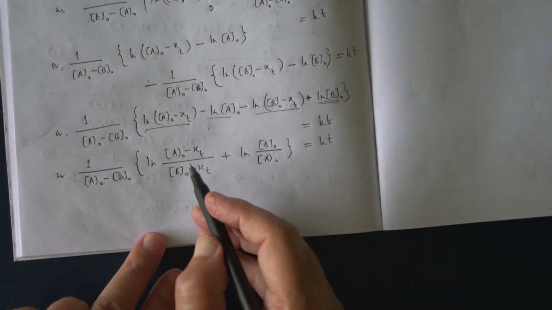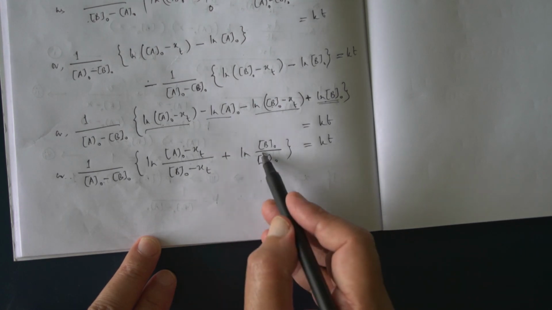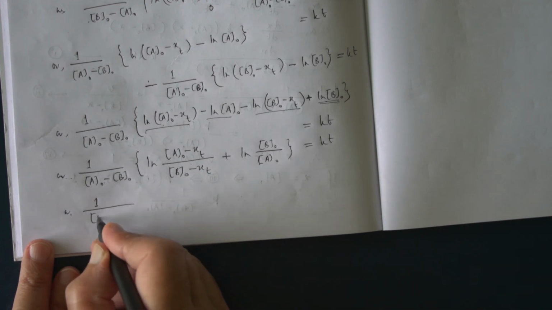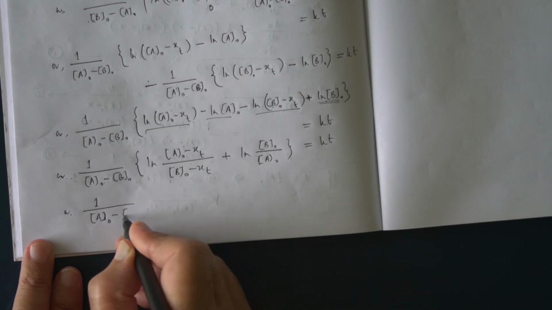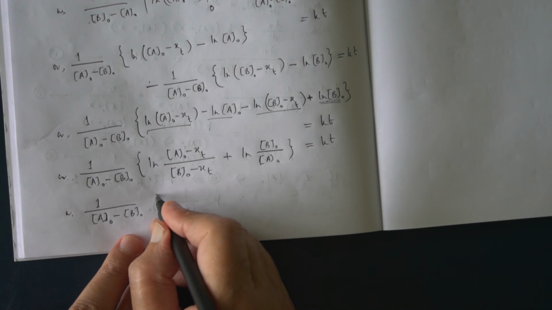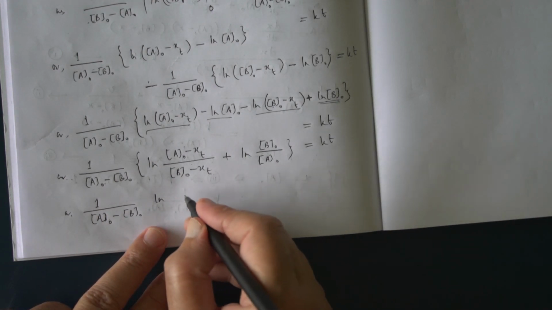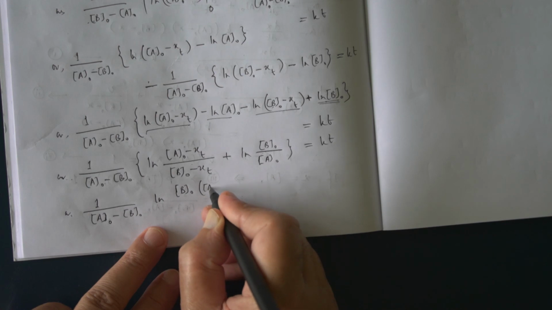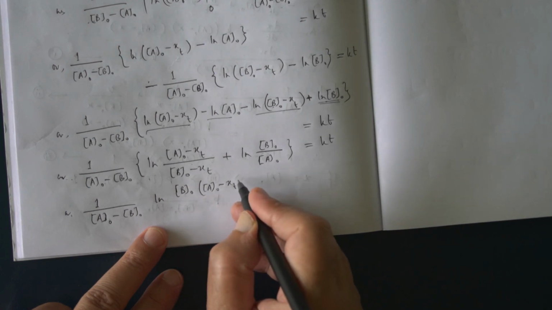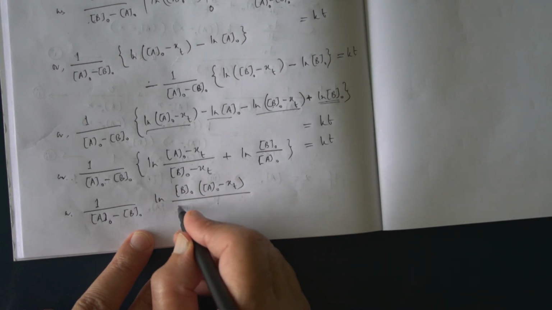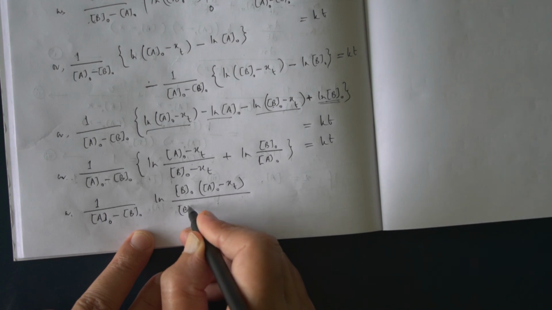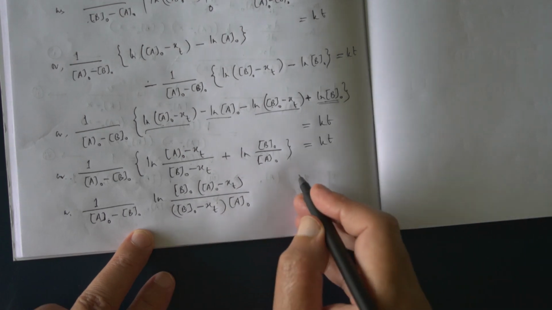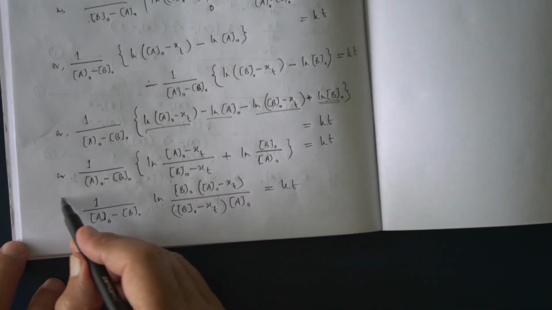Again using log m plus log n, I can write 1 by (A naught minus B naught) ln [B naught (A naught minus xt) by A naught (B naught minus xt)], equal to kt.